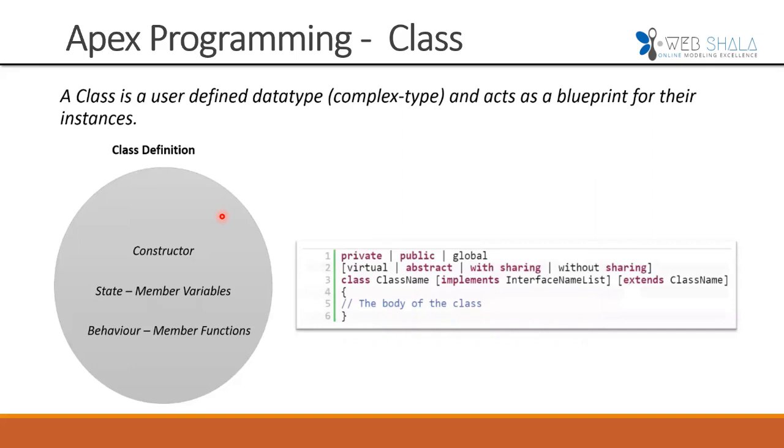Now what is an instance, what is a blueprint, what is a class, what is a data type? These four things are coming into your mind. So just think like that. You have a circle, in the circle you have created a few things, and that is the same for all your objects. Now I will clarify everything.